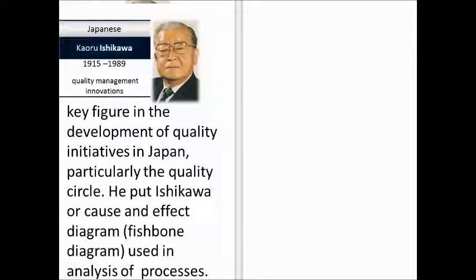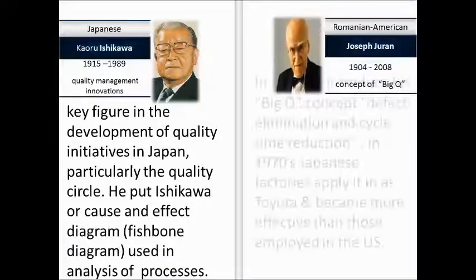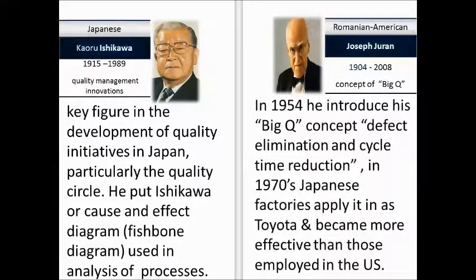In Japan, Ishikawa was a quality management innovator and a key figure in the development of the quality initiative in Japan. The most famous is the Ishikawa fishbone tool, which is still used today. Juran, in 1954, had his Big Q concept: defect elimination and cycle time reduction.